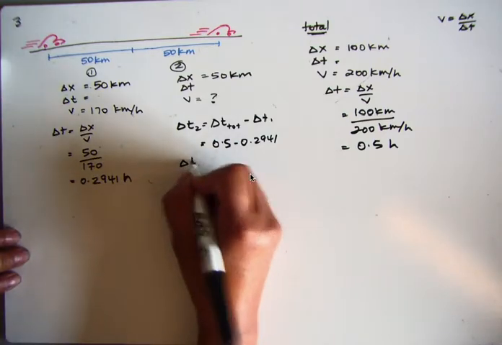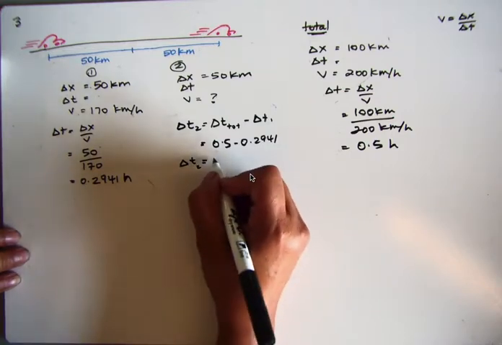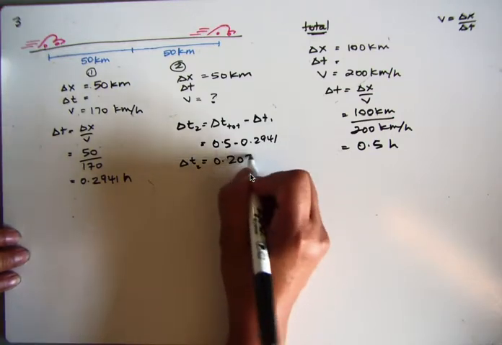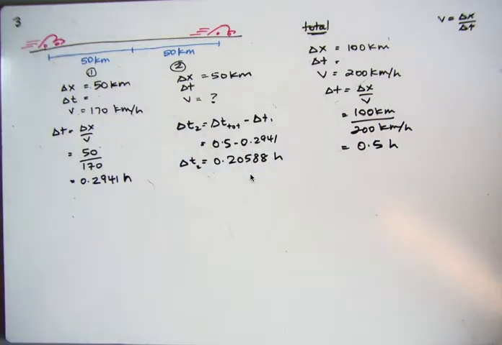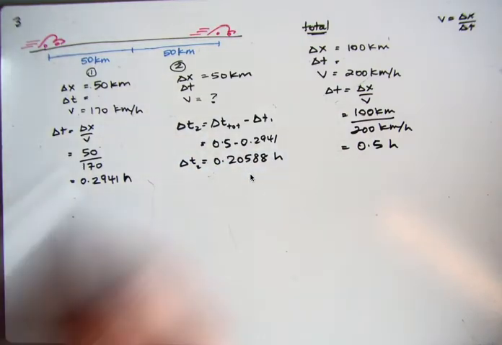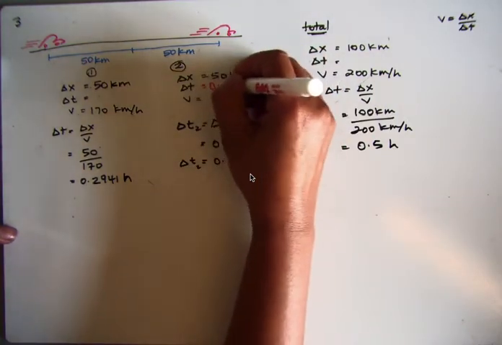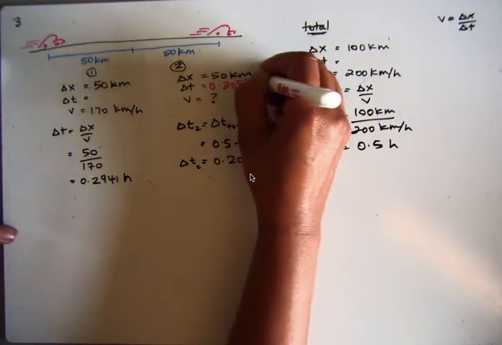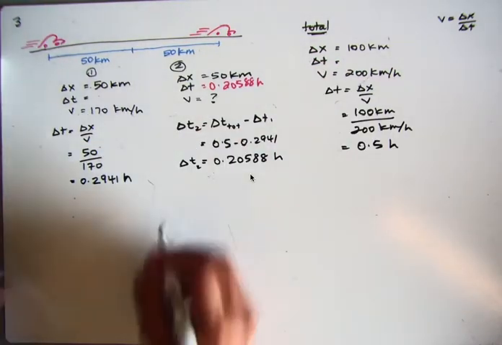So our time is equal to 0.20588 hours. Let me write that in here, equals 0.20588 hours.